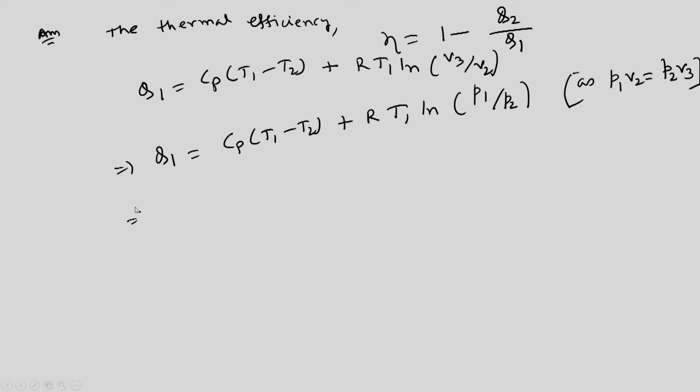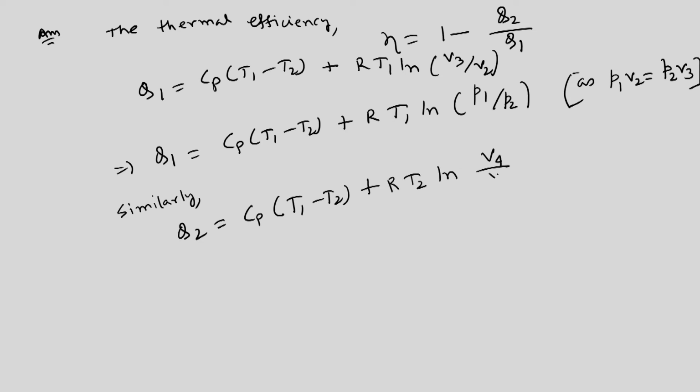Similarly, you can write Q3 or Q2 equals Cp (T1 minus T2) plus R T2 ln V4 by V1.